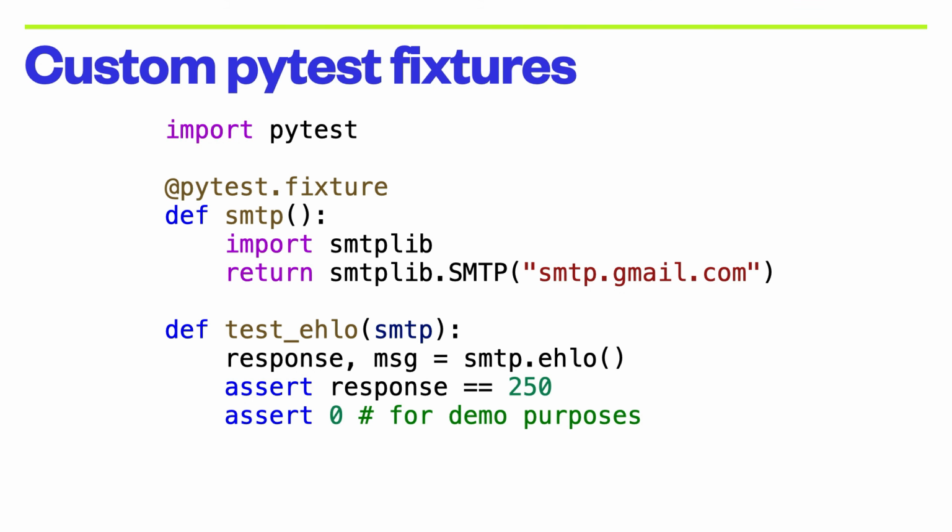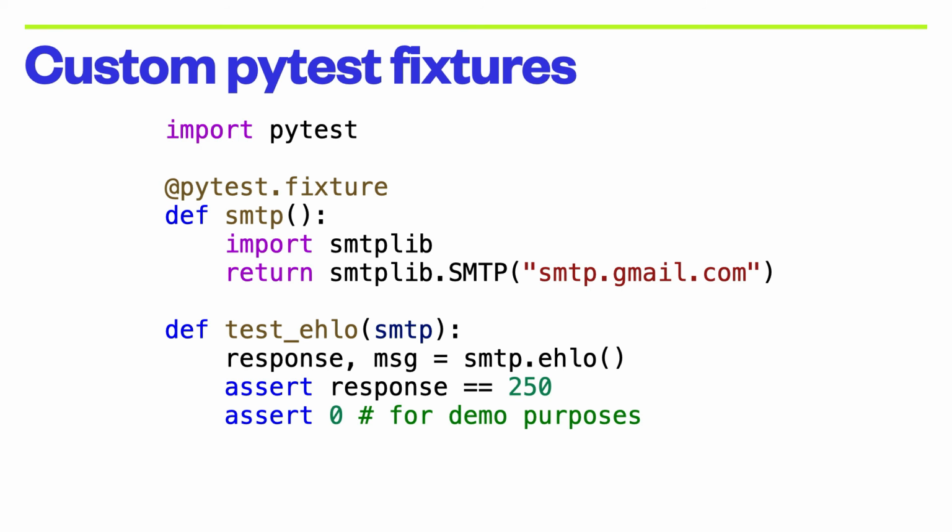Okay, so at this point, I'm comfortable to explain what a fixture is. A fixture creates an instance of, let's say in this case, your SMTP connection, and you can use that instance everywhere in all your remaining tests. So in each test you don't have to create that instance again and again.